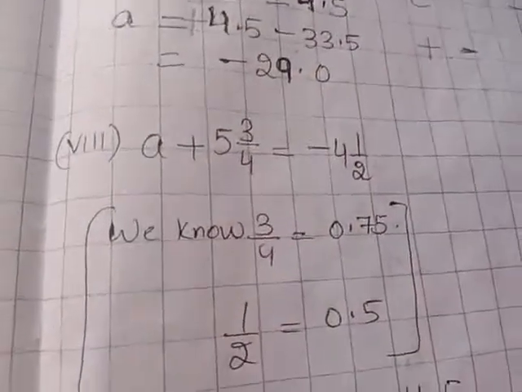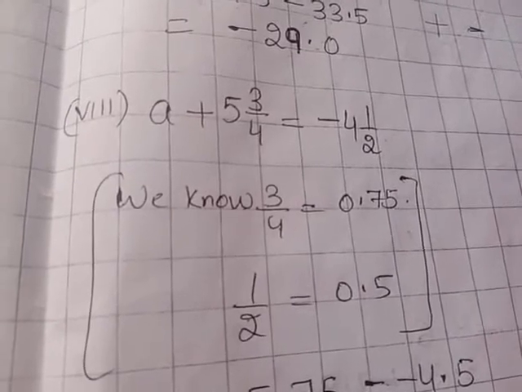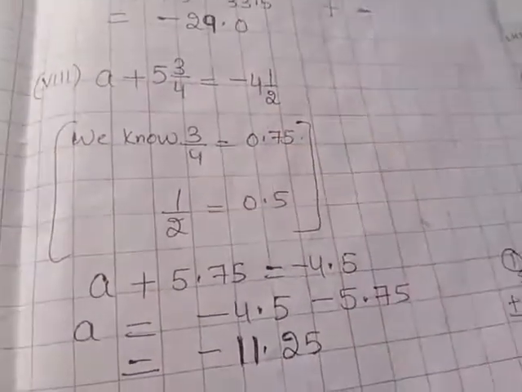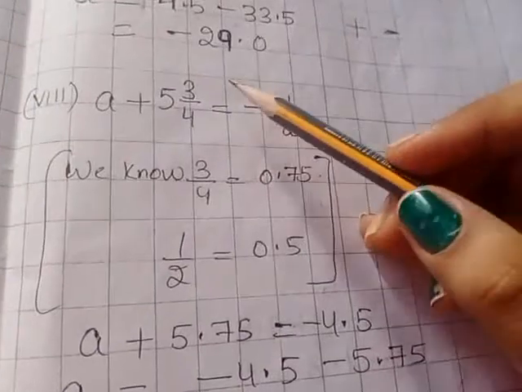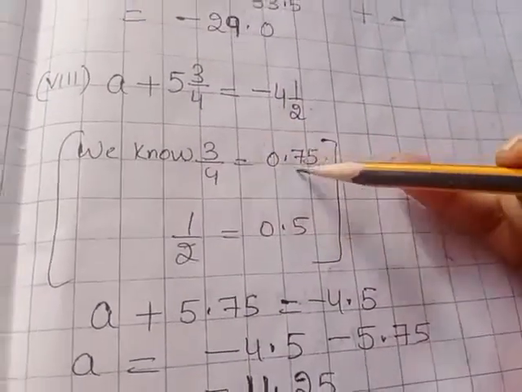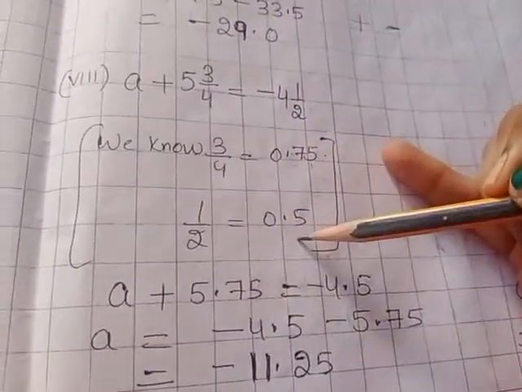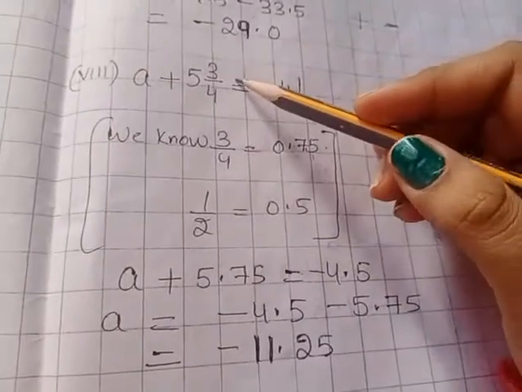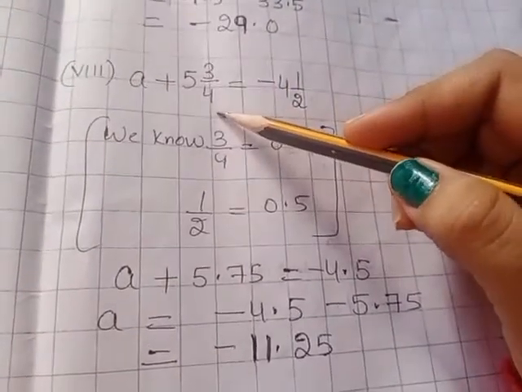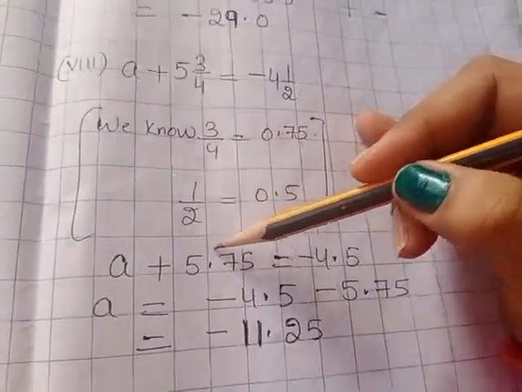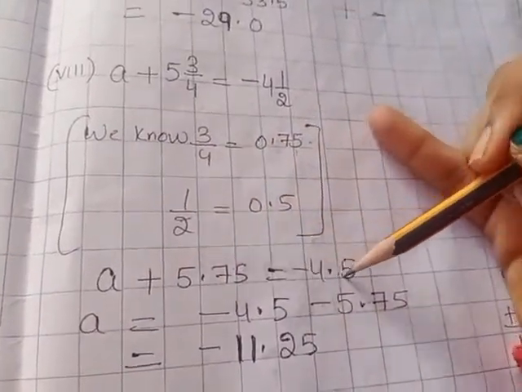Again, a plus 5 3 over 4 is equal to minus 4 1 over 2. 3 over 4 is equal to 0.75. When you divide 3 by 4, you will get 0.75. 1 over 2 is equal to 0.5. Now I am writing 3 over 4 as 0.75. It will become 5.75 and minus 4.5.